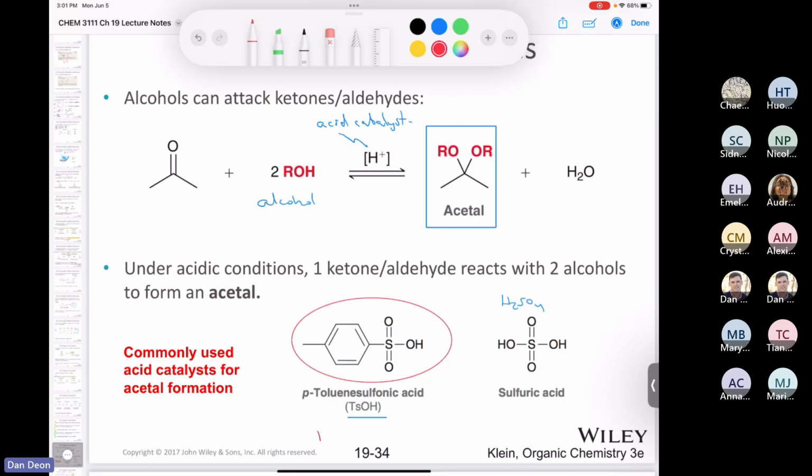It's also called tosic acid, which is a shorthand for it, or PTSA. It's got a lot of names. Anyhow, I digress. It's a solid at room temperature, so it's really easy to work with solids, especially if it's such a strong acid. You can recrystallize it really easily, and it's one of the favorites of chemists.